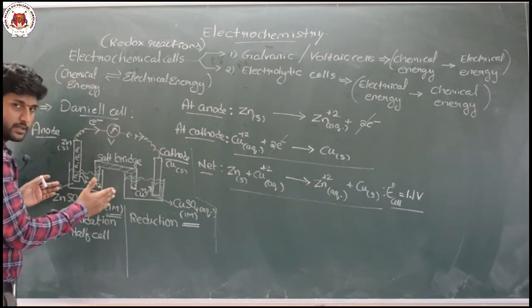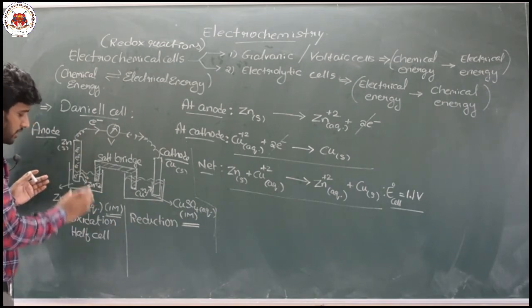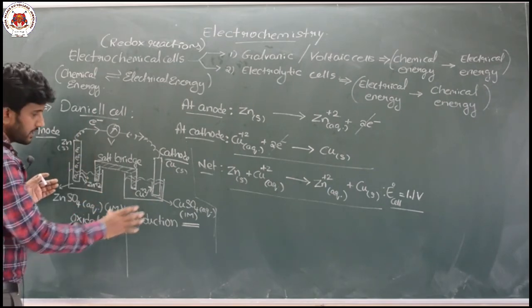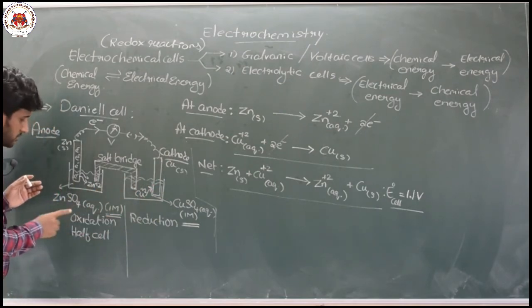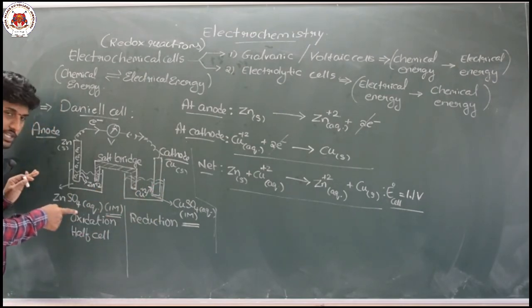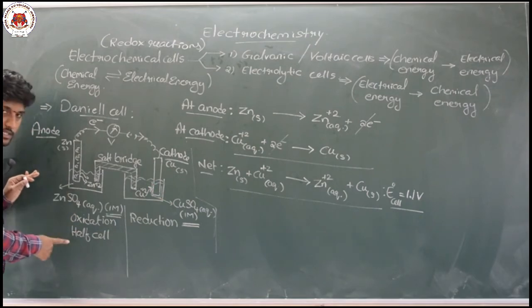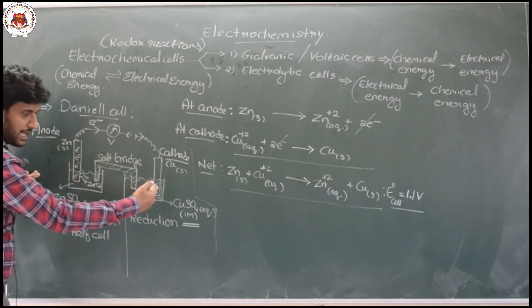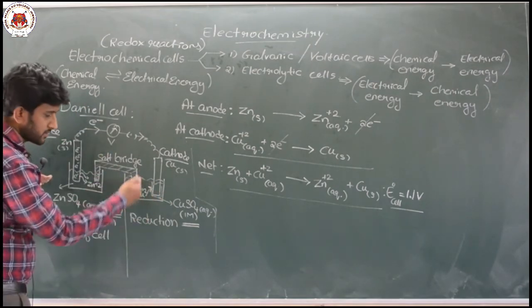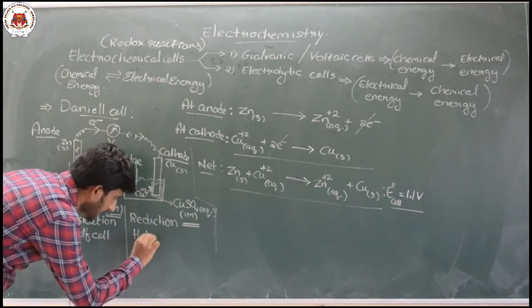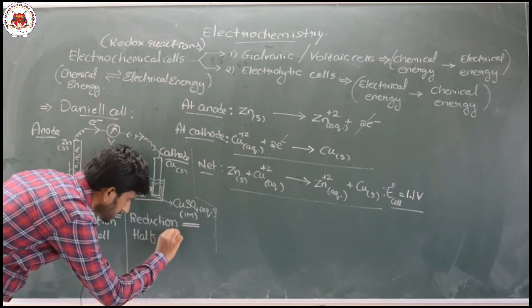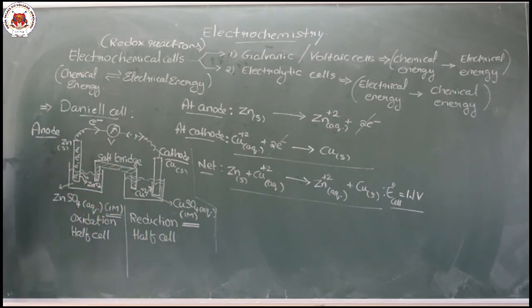One beaker with 1 zinc rod is 1 half cell, and 1 beaker with 1 copper rod is another half cell. In this half oxidation is taking place, so oxidation half cell. In this half reduction is taking place, so it is called the reduction half cell.